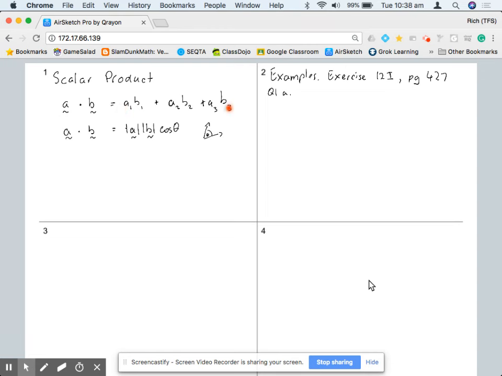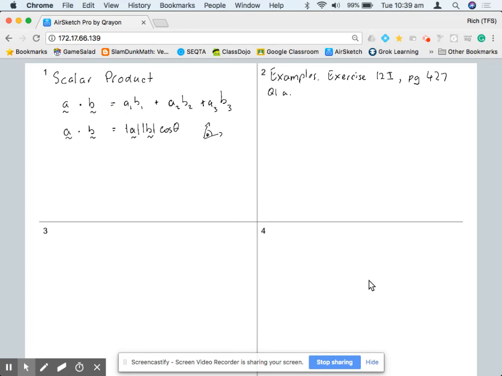In other words, mathematicians define this operator called the dot product to work on two vectors, A and B, and the result is a scalar, a number, which is determined by multiplying A1 by B1, A2 by B2, and A3 by B3.